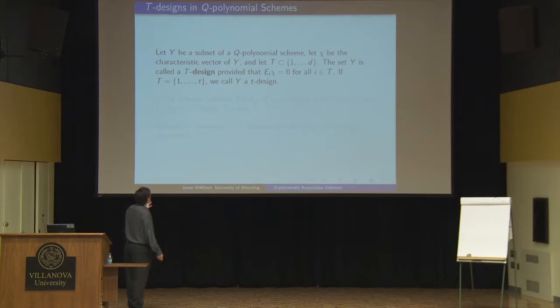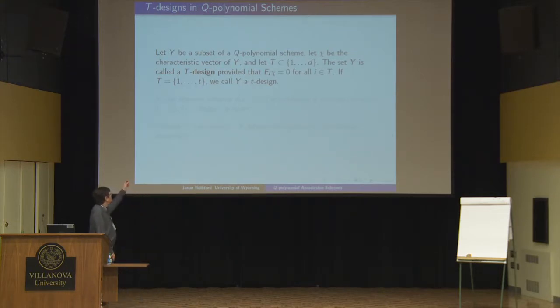So basically what you look at is take some subset of your association scheme, and we'll say the association scheme is Q-polynomial, and we've ordered the idempotents appropriately. And we take some subset of indices, and we just say, okay, well, suppose I take the characteristic vector of that set, and it vanishes on all of the different idempotents in this set capital T, indexed by this set capital T. And we call that a capital T design.